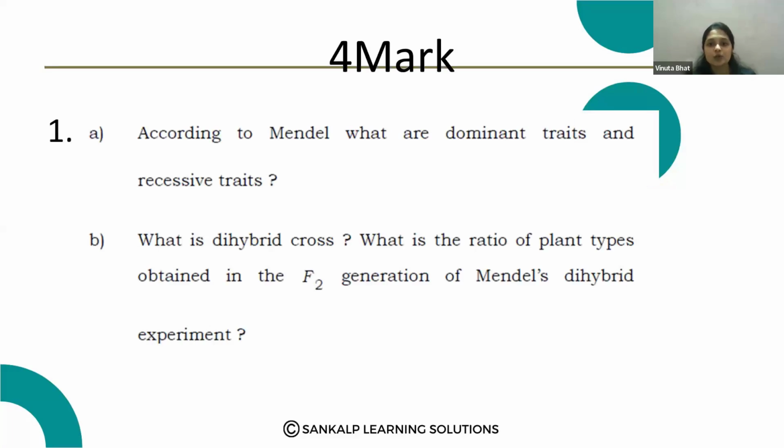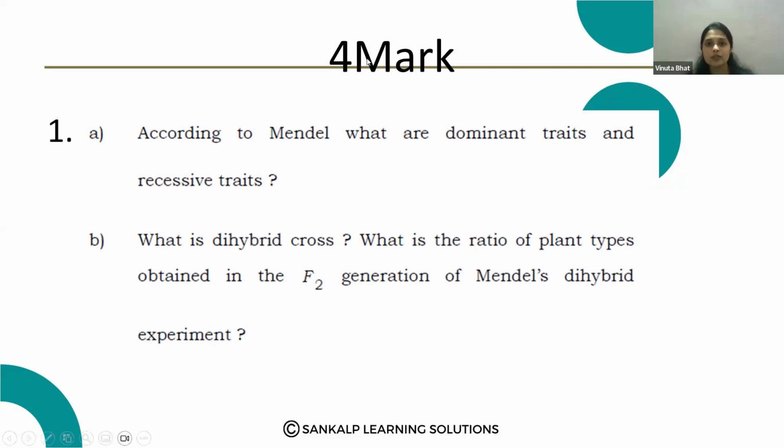Next, we are going to solve the 4-mark questions. According to Mendel, what are dominant traits and recessive traits? What is a dihybrid cross? What is the ratio of types of plants obtained in the F2 generation of Mendel's dihybrid cross?